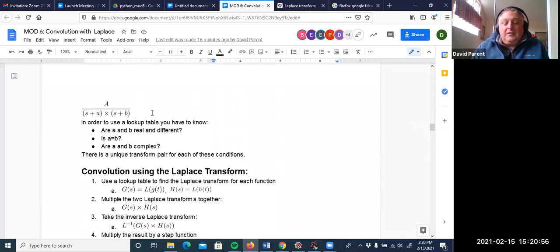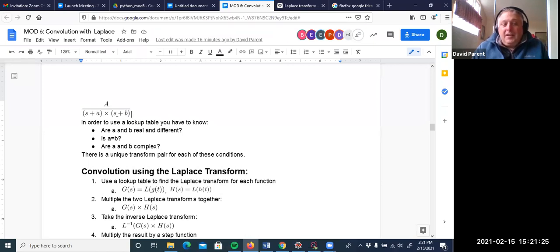And then there is something, and this is a heads up, okay? If I come up with a function of s that looks like this, you can't just go straight to a lookup table. You have to know: are A and B real and different? Are they real and equal to each other? Or are they complex?